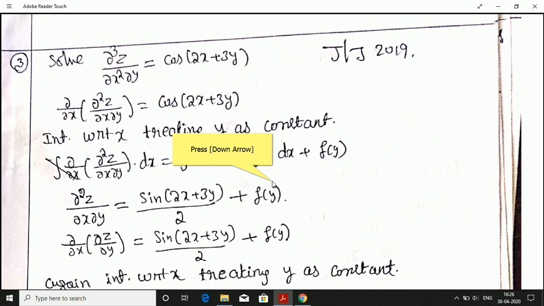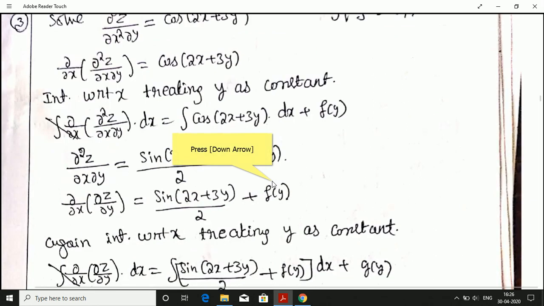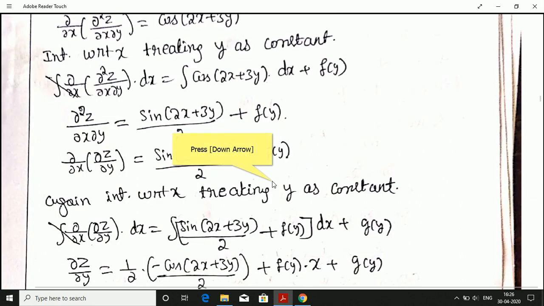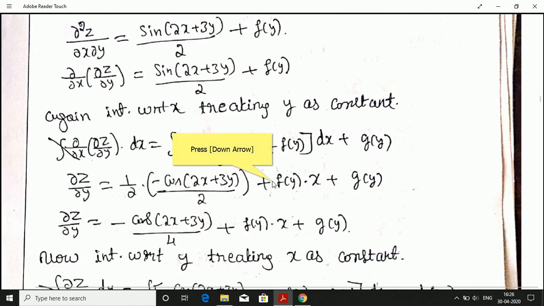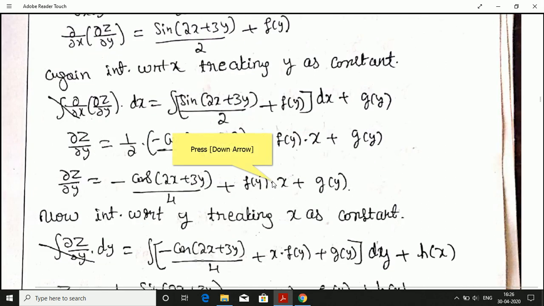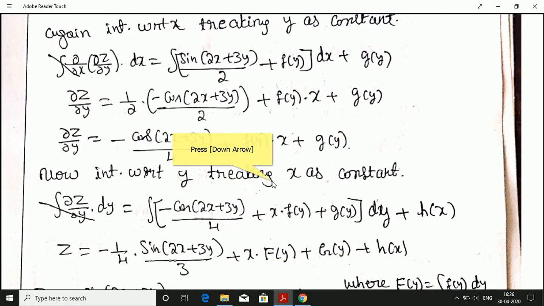Now rewrite del square z by del x del y as del by del x of del z by del y. That is equal to sin of 2x plus 3y divided by 2 plus f of y. Again integrate with respect to x, treating y as constant. Integral and differential get cancelled.